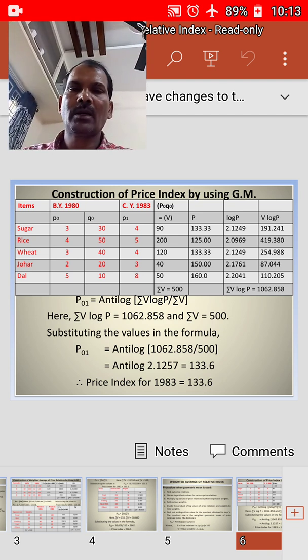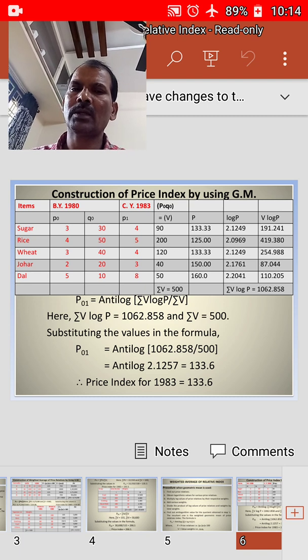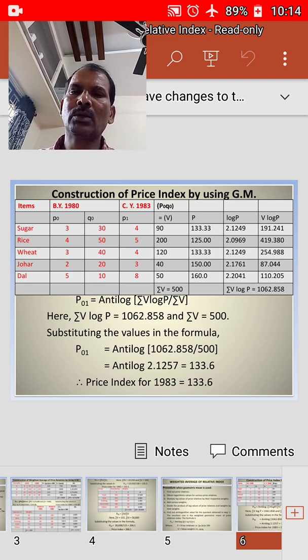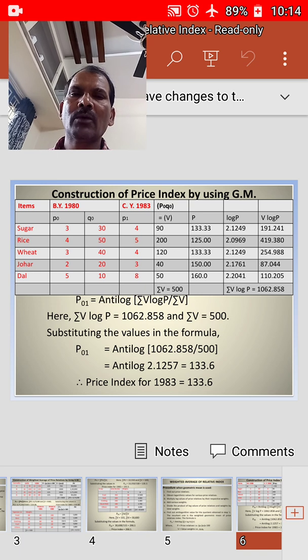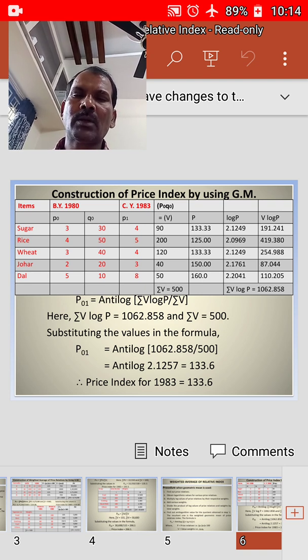So 4 by 3 is equal to 1.333, into 100, 133.33. 5 by 4 is equal to 1.25 into 100 is equal to 125, and 4 by 3 is equal to 1.333 into 100 is equal to 133.33.